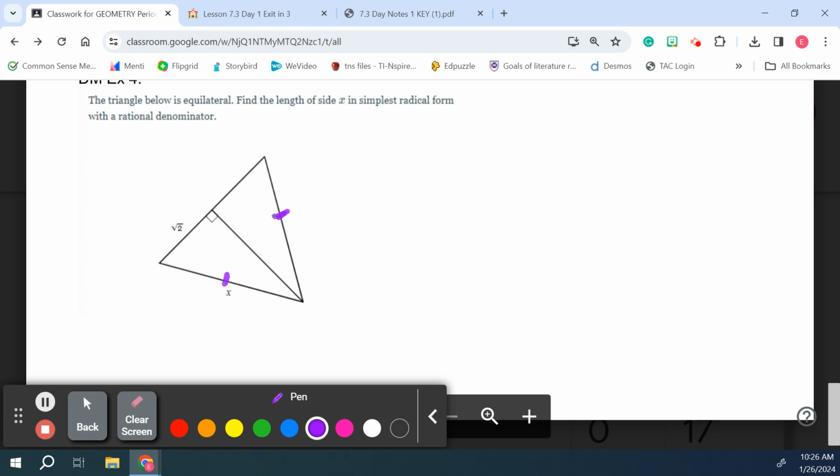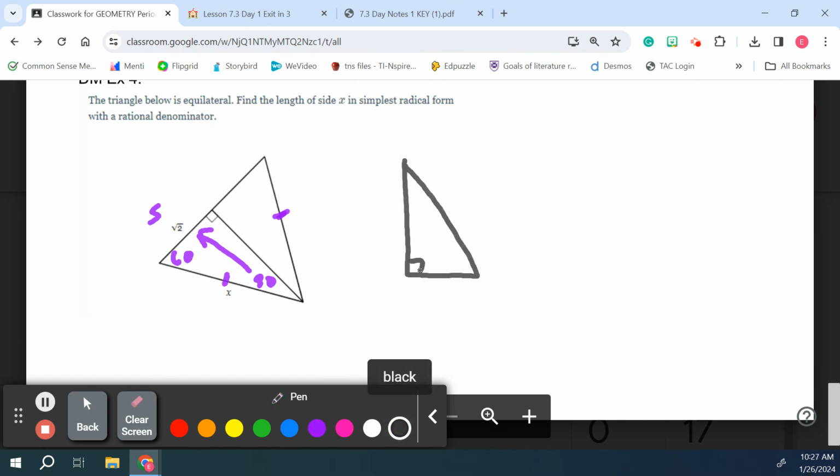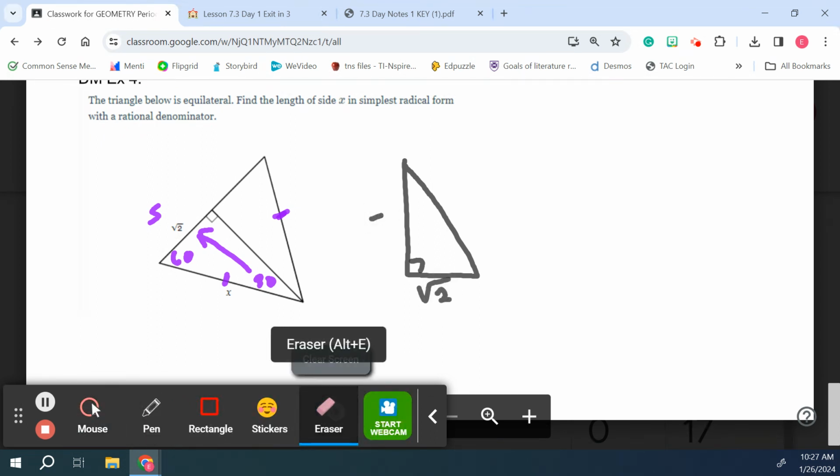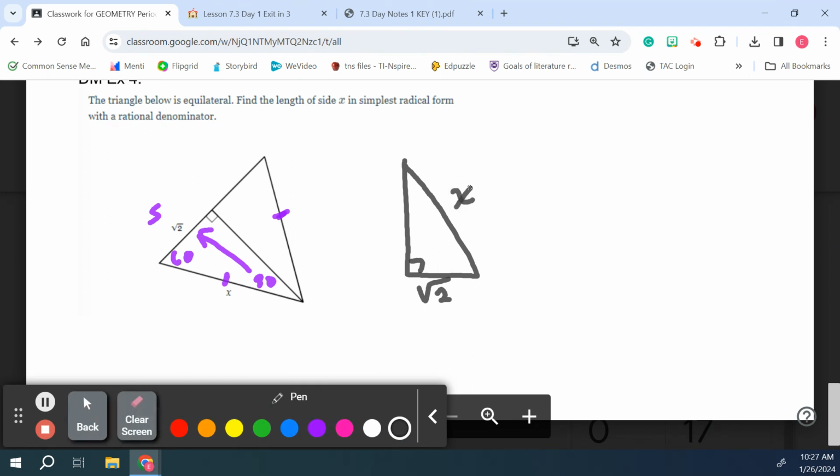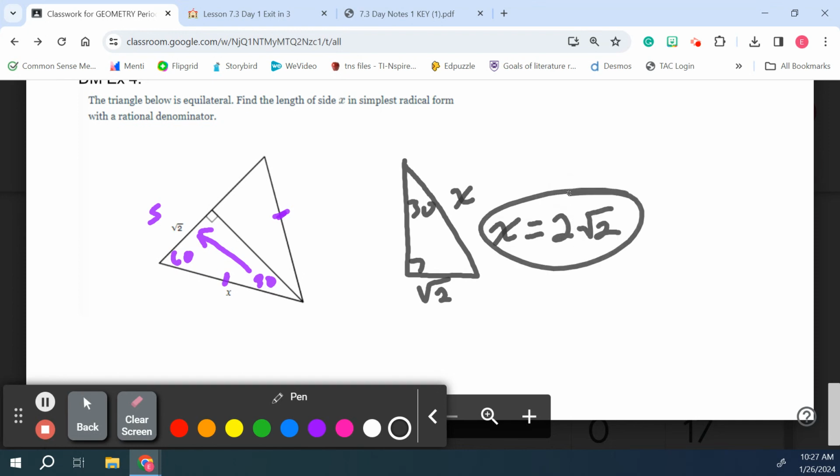The other thing we know is that this is our 30-degree angle, making this our 60-degree angle. So what we have here is the short side of that triangle. And you are always welcome to just rewrite this if it helps. So in this case, this is just going to be the short side times 2. So x is going to equal 2 times the square root of 2. And that's it.